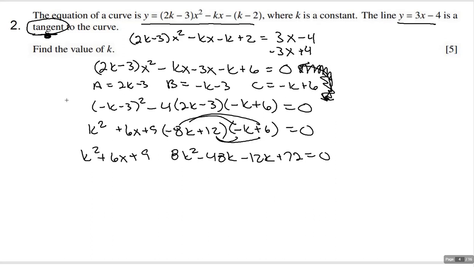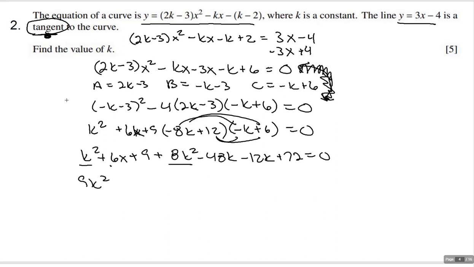And see, now I got a lot of combining like terms to do. Let's see, I've got an 8k squared and a 1k squared, so that's going to give me 9k squared. And then, wait, that should be a k, right? That's a k. So it's 6k plus 9. Oh, that should be this here.